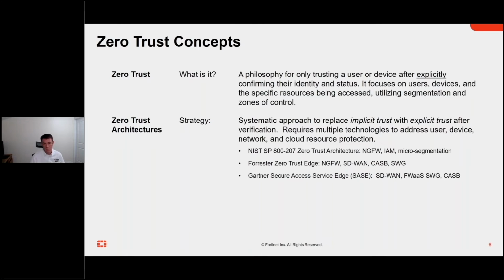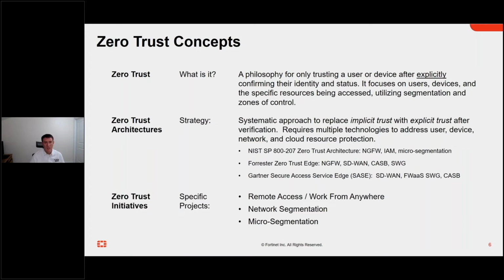Fortunately, there's a lot of standardization already out there. NIST has published an SP 800 standard, zero trust architecture, specifically around how we can do this in all environments, not just OT environments. Forrester has several technologies related to how we can implement zero trust, as well as Gartner, of course.